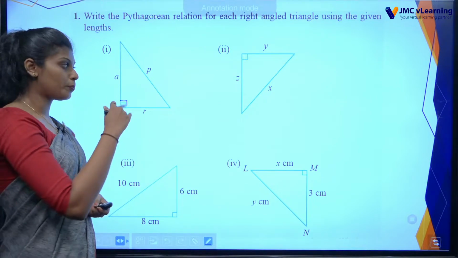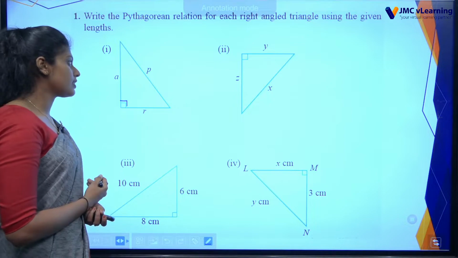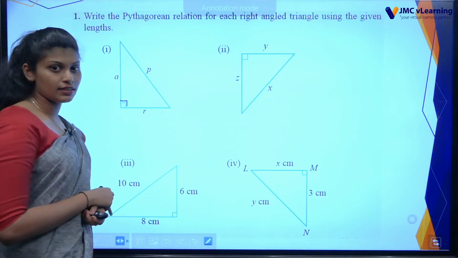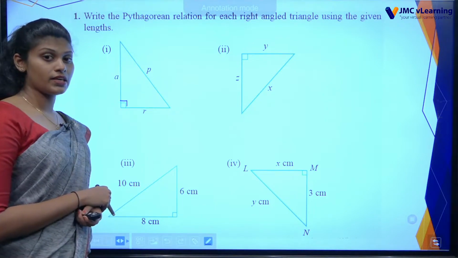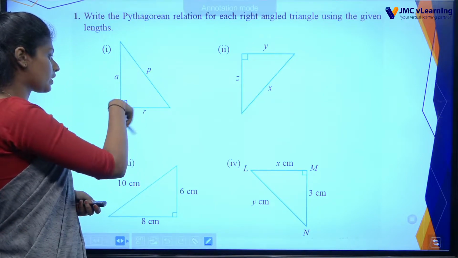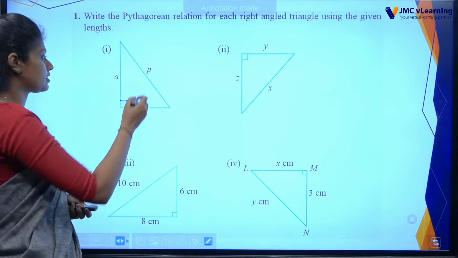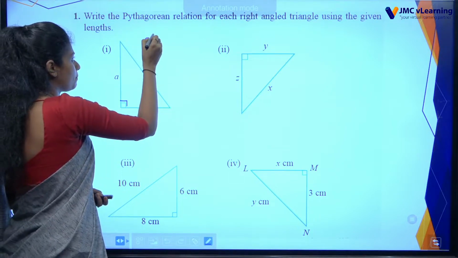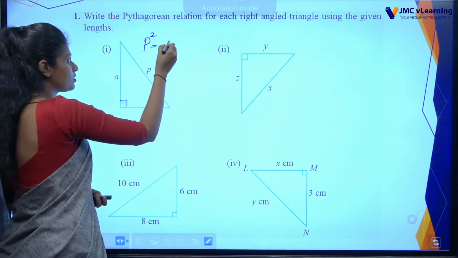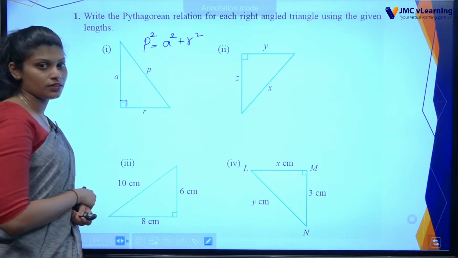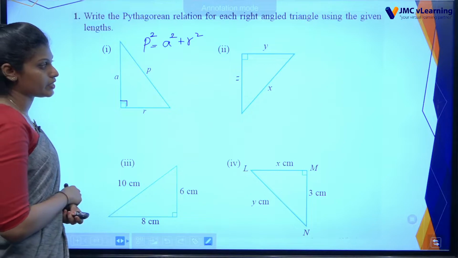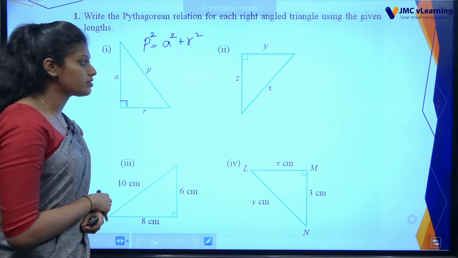The hypotenuse is the side opposite the right angle. So here P is the hypotenuse. So how can we write the Pythagorean relation for this right angle triangle? It is P squared is equal to Q squared add R squared. This is the Pythagoras relationship for this right angle triangle.